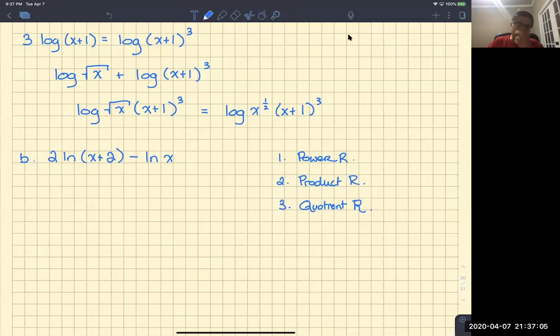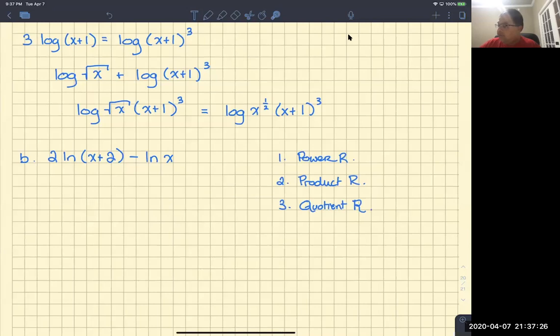Now, one thing I forgot to say earlier. You can only condense when the logarithms have the same base. So, for example, here, I could condense these because they're both common logs, log base 10. I can condense these because they're both natural logs, log base e.